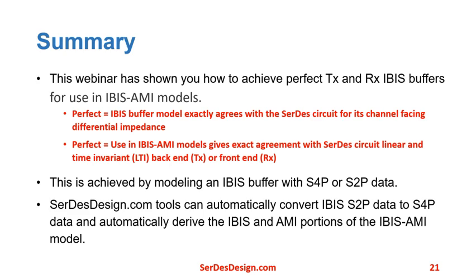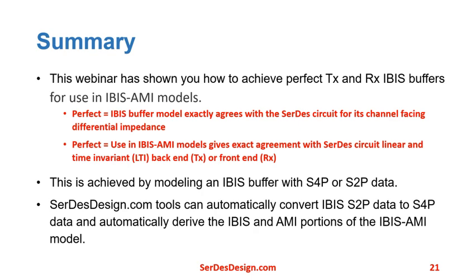This webinar has shown you how to achieve perfect transmit and receive IBIS buffers for use in IBIS-AMI models, where perfect means that the IBIS buffer model exactly agrees with the SerDes circuit for its channel facing differential impedance, and perfect also means that use of the IBIS buffer in IBIS-AMI models gives exact agreement with the SerDes circuit linear and time invariant backend for the transmitter or front end for the receiver.